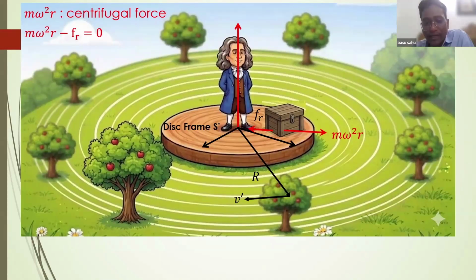Ma'am, as we have assumed the disk as a frame of reference, we have already considered the disk to be stationary. For the disk, omega is not 0, but I have not shown any rotation symbol here. Now the disk is completely stationary. That is why these trees are moving around the center of the disk.